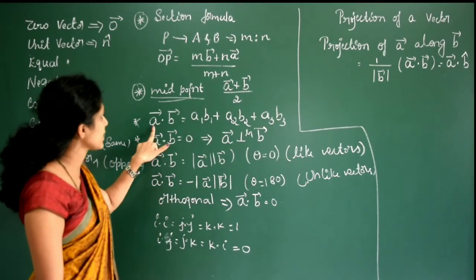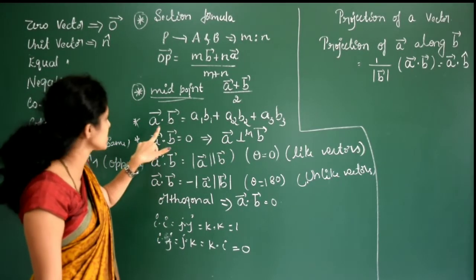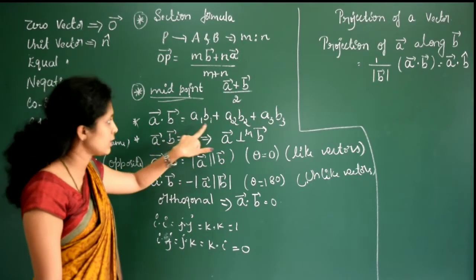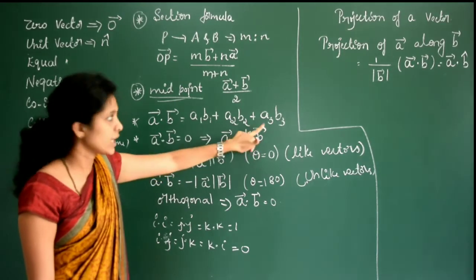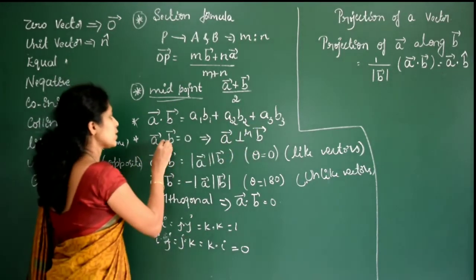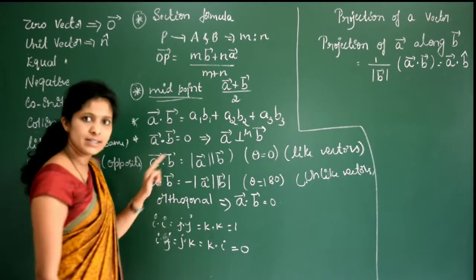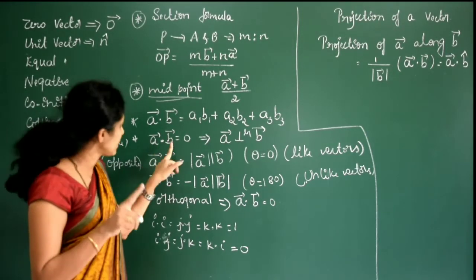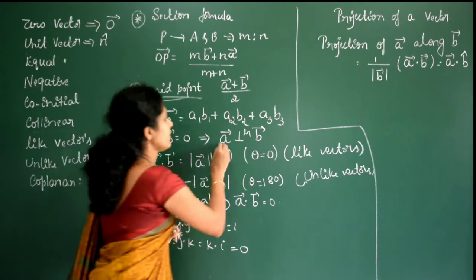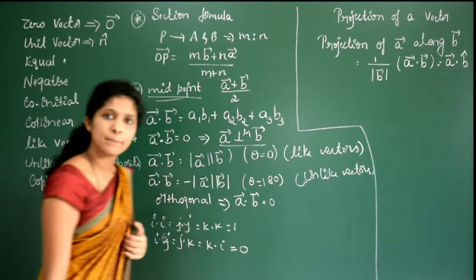The scalar product of a vector dot b vector will be equal to a1 b1 plus a2 b2 plus a3 b3. If a vector dot b vector is equal to 0, that means either a vector is equal to 0, or b vector is equal to 0, or a vector is perpendicular to b vector.